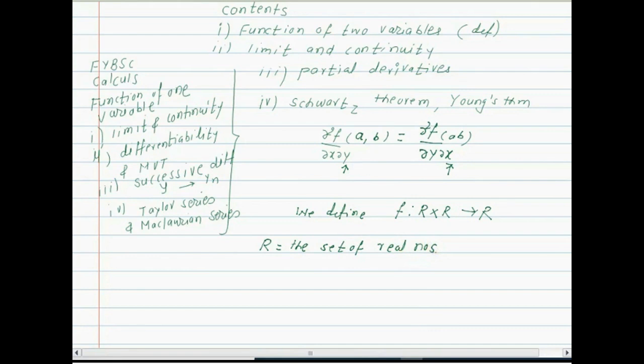What are the numbers on this line? And how many numbers are there? We will see these things.